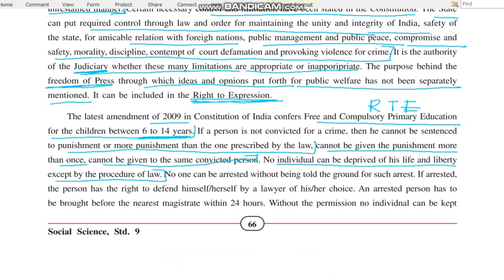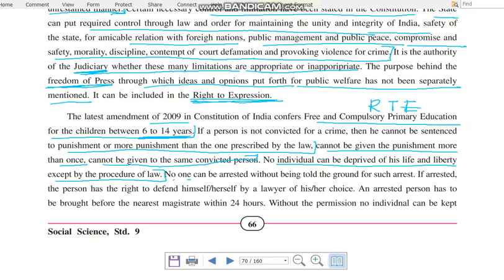Everyone is allowed to live his own life, but yes, if you are a criminal, then you can be put into jail, and at that time the right of freedom is not exercised. You have to be in jail, and at that time you cannot argue that your right to freedom is violated.